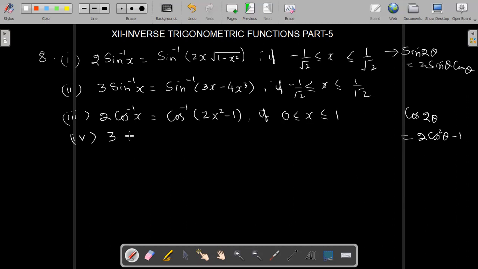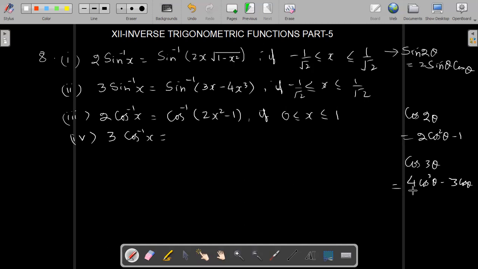So 3 cos inverse x is equal to, similarly, cos 3 theta. Cos 3 theta is equal to what? 4 cos cube theta minus 3 cos theta.